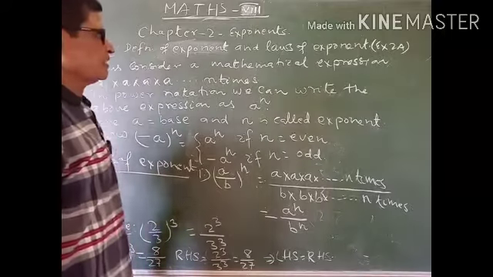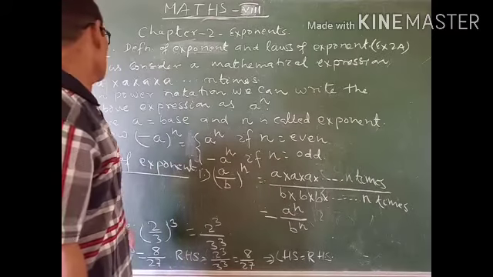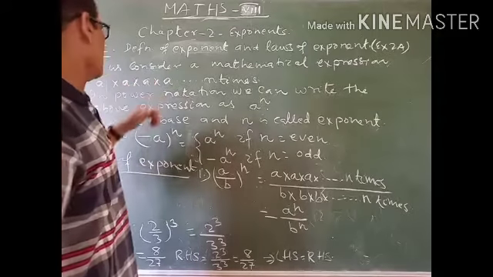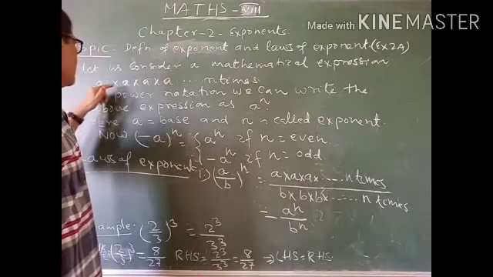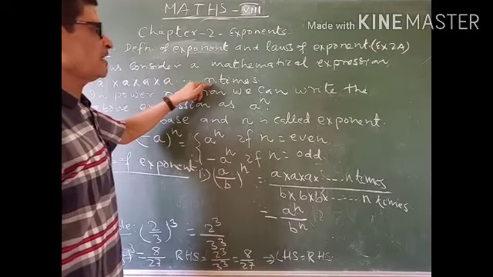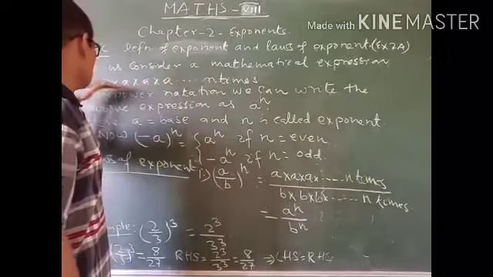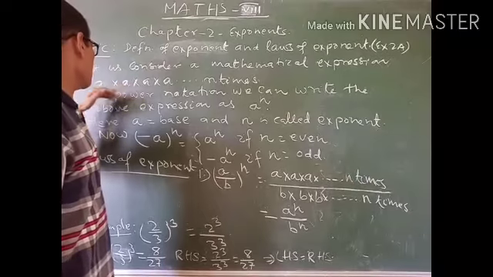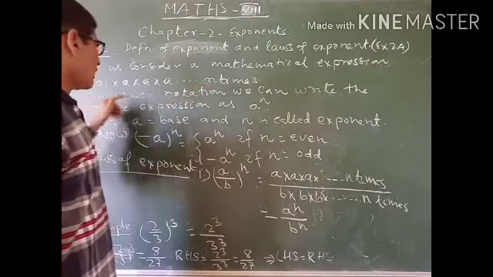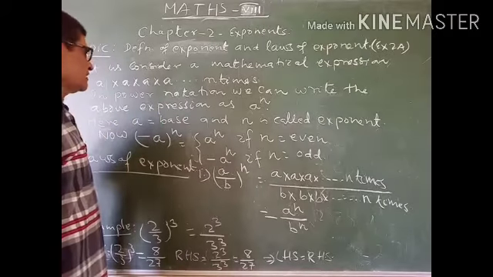Let us consider a mathematical expression a into a into a into a dot n times. Means you have to multiply a n times. In power notation, what can you write it?